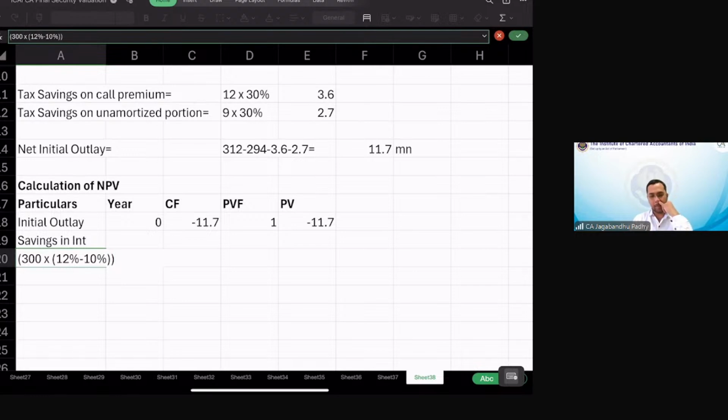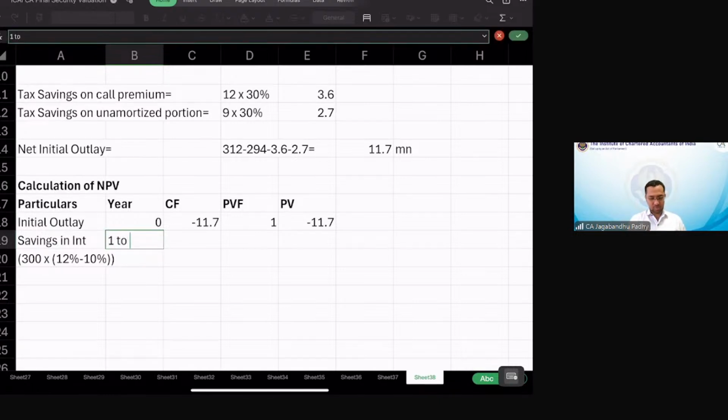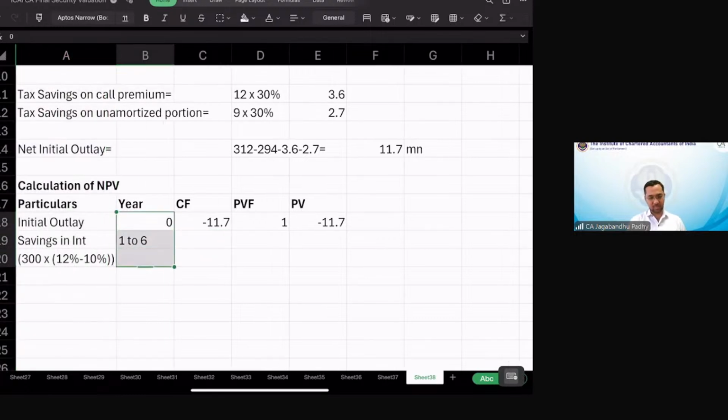Right? So we are saving 2% on this. What will be the years of saving? Years of saving will be from year 1 to 6. So total tenure that we still have is 6 years.